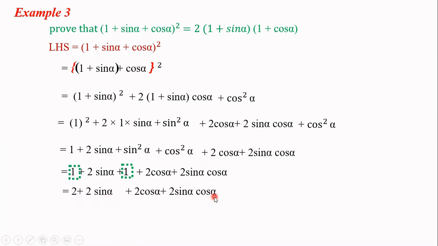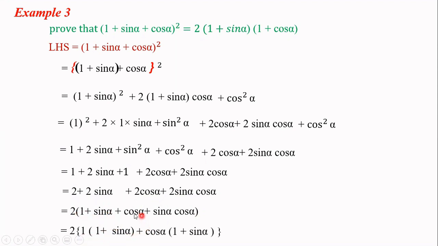have 2 in common. So let's take 2 common. Inside the bracket, the leftover part is 1 plus sine alpha plus cos alpha plus sine alpha cos alpha. Now inside the bracket, we are going to take common again. From the first 2 terms, we are taking 1 common, and from the last 2 terms, we are taking cos alpha common. Now in this step, again, these 2 terms have 1 plus sine alpha common.